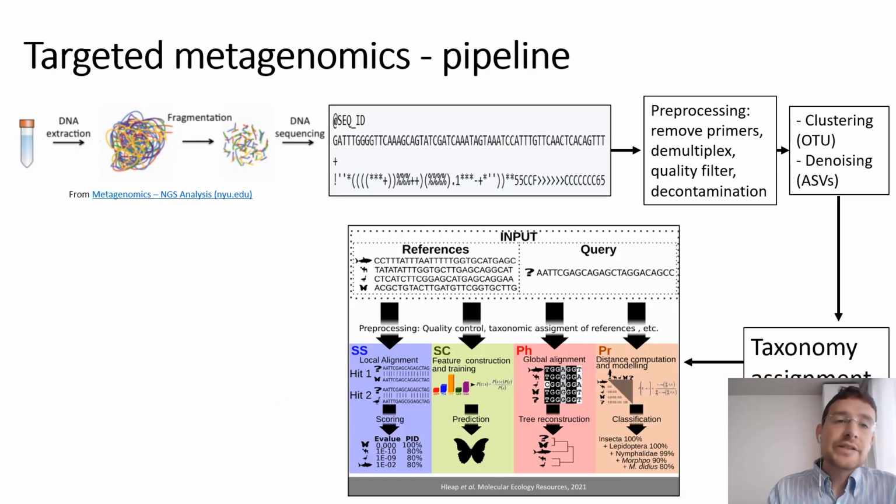So this is the pipeline. You extract DNA, you do fragmentation, and you amplify these genes. Then you get this FASTQ file in which you can also perform quality control, and then you can use some freely available online tools like BLAST, for example, and you get a match between the genomes present in the database and your sample.